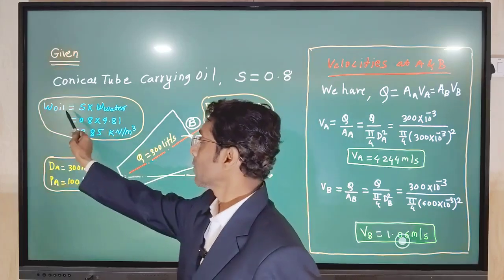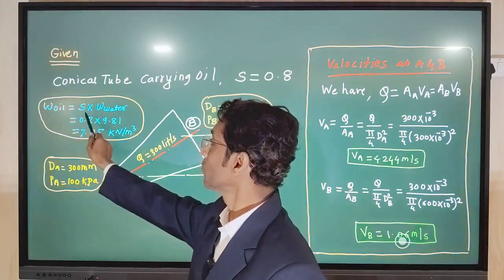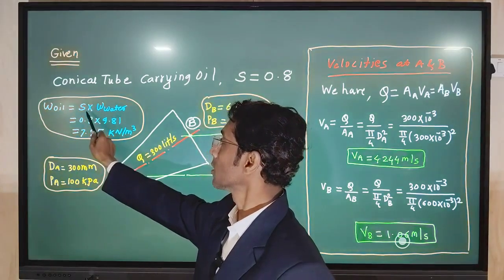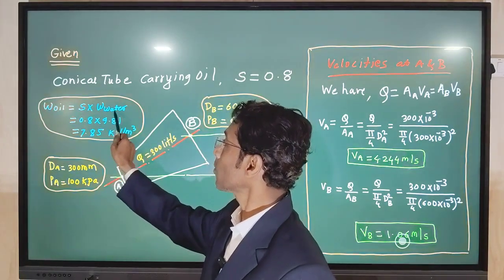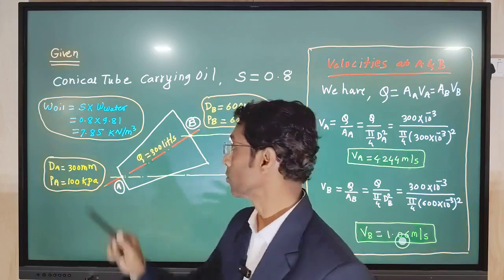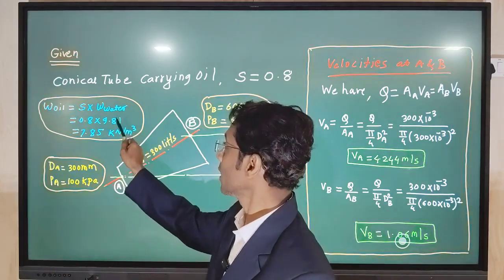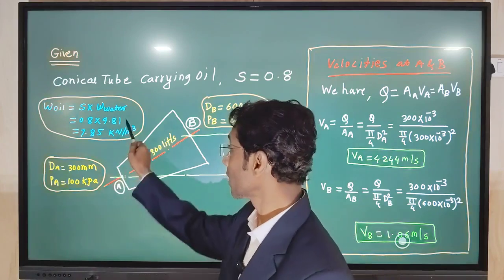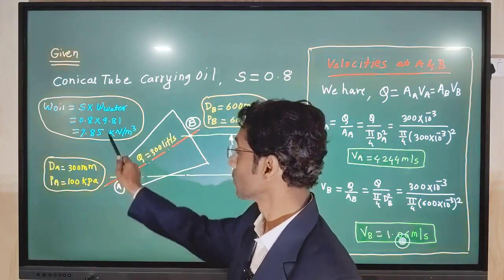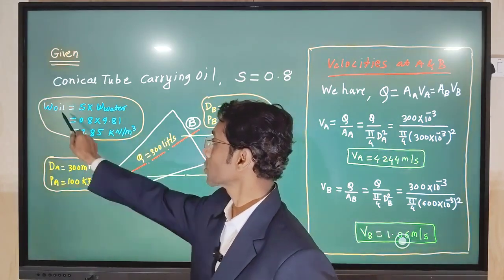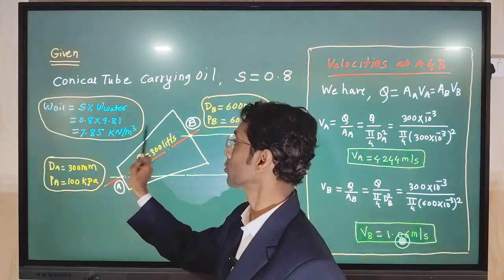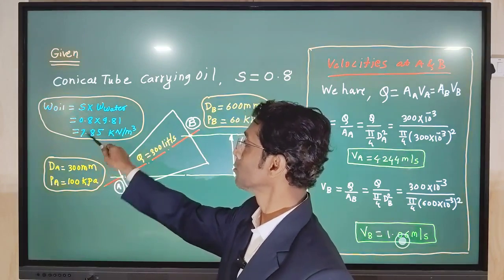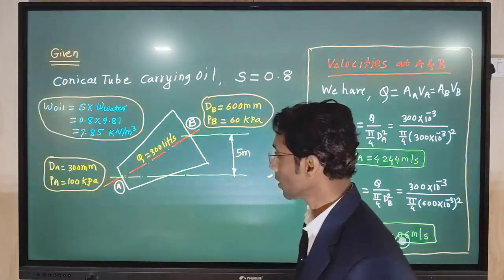Specific weight of oil can be calculated with the help of the formula: specific gravity multiplied by specific weight of water as a standard fluid. Here we take specific weight of water as 9.81 kilonewton per meter cube. By this calculation, W of oil, meaning specific weight of oil, we get in kilonewton per meter cube. This value we will use in Bernoulli's equation.